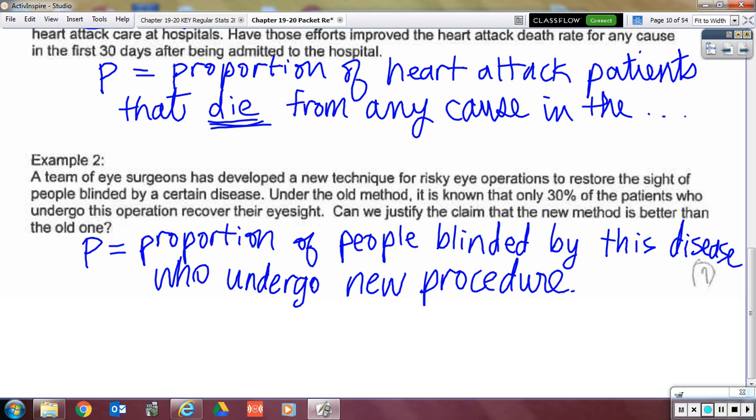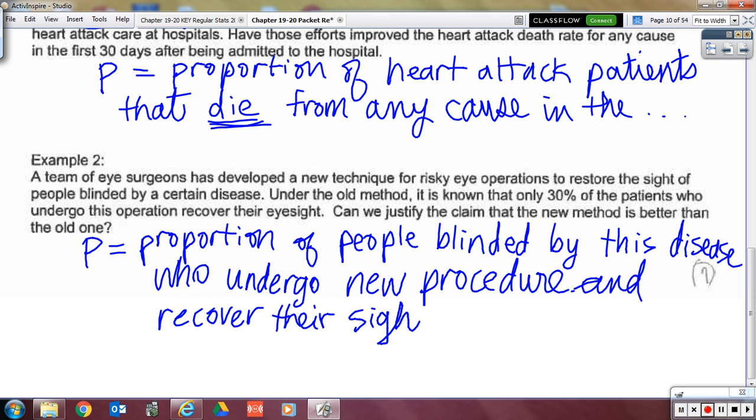And what do they do? And we want to know the proportion of them that get their sight back and recover their sight. We want to see what proportion got better under this new method. Okay, what proportion got better under this new method?